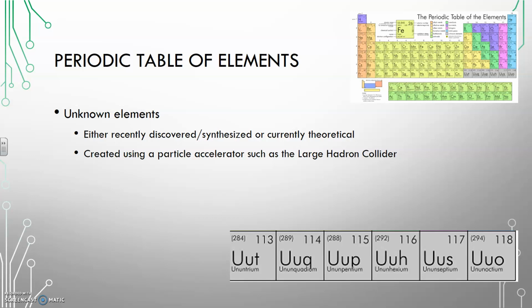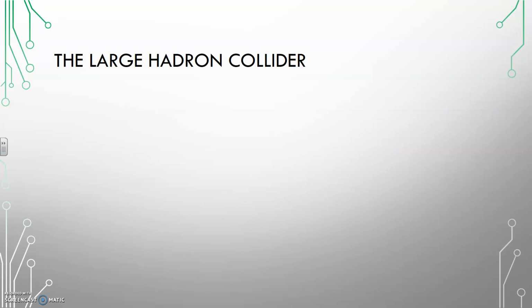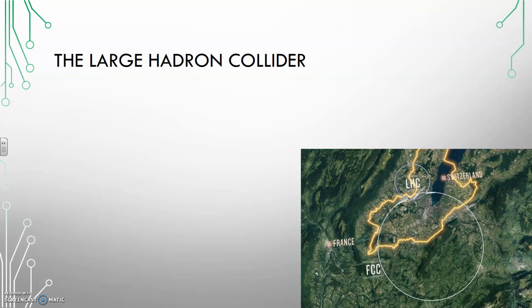They can tell a bunch of different things from it. The most famous particle accelerator is known as the Large Hadron Collider. The Large Hadron Collider is this little one here. It's halfway in France and halfway in Switzerland.